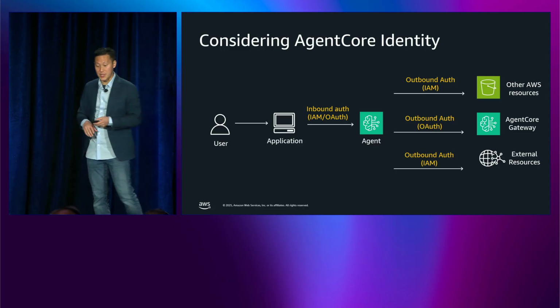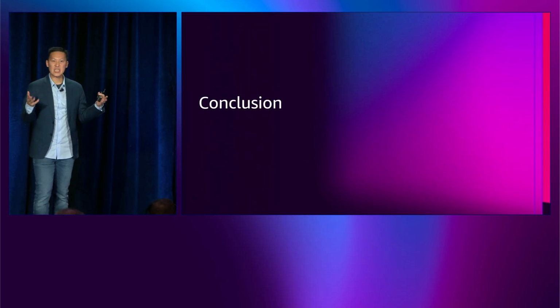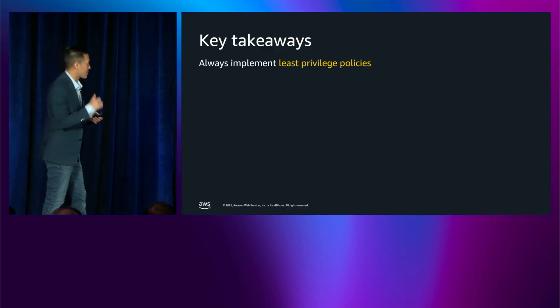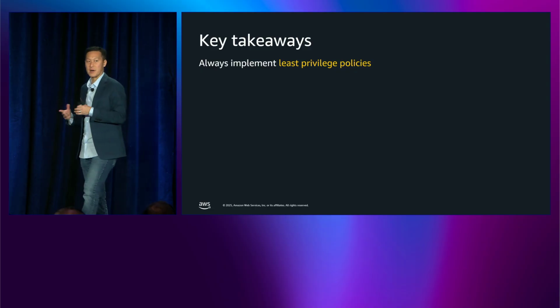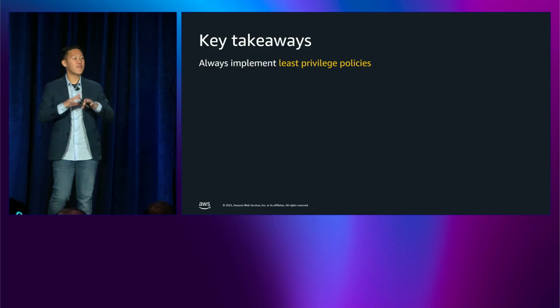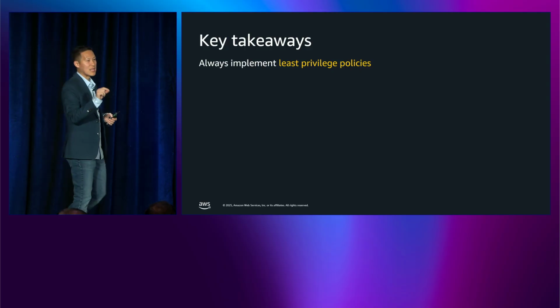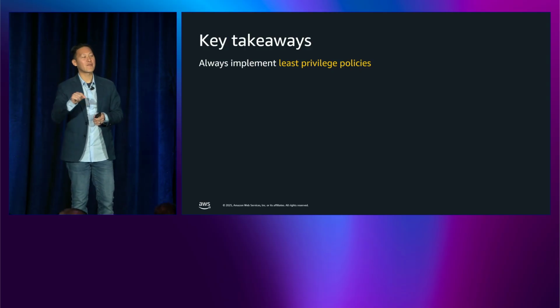OK, so let's go through a couple of key takeaways from this talk. One of the things Chris talked about is implementing least privilege policies. If you're ever writing a policy in your AWS account and there is a star in your policy document, it should give you pause: should I really be doing this?